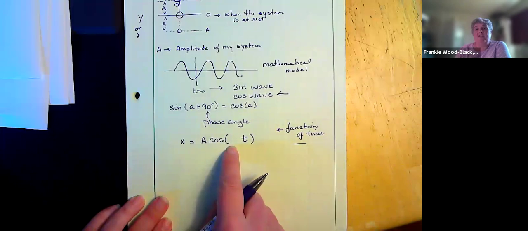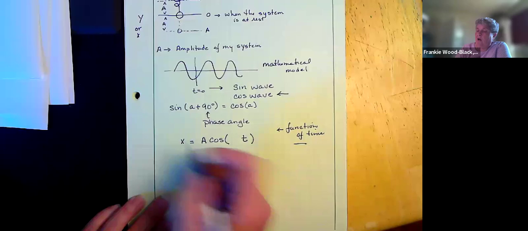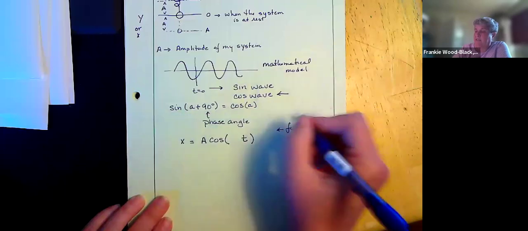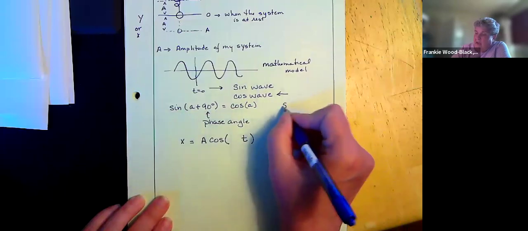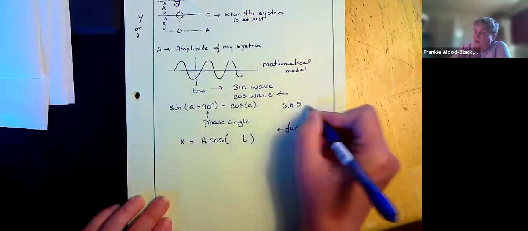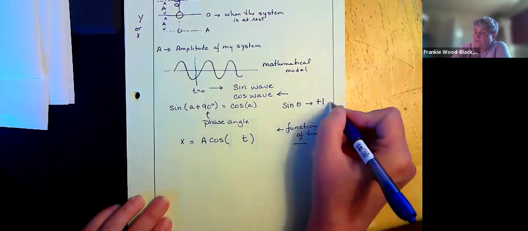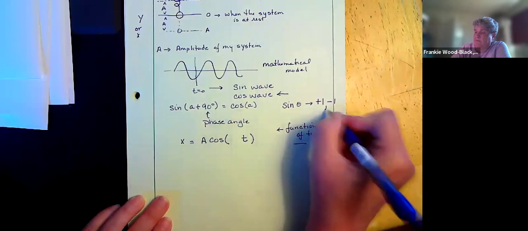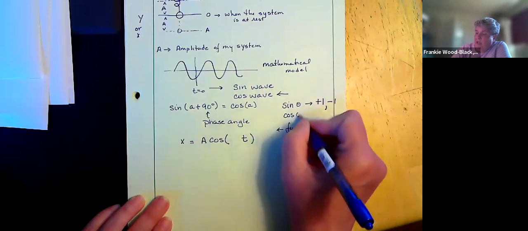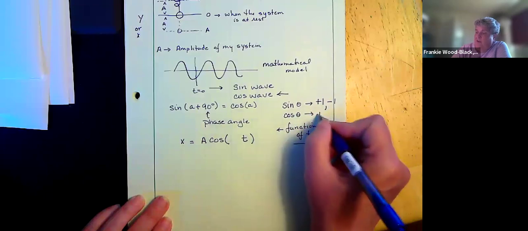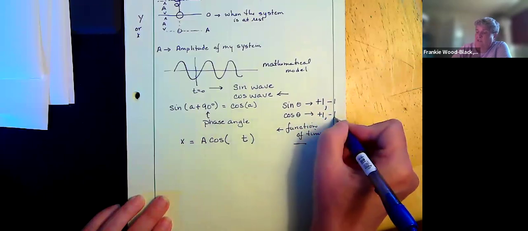Now, this is where things get fun. First of all, let's look at my cosine and my sine. Sine of any angle is going to have a value between +1 and -1. Cosine of any angle is going to have a value between +1 and -1.